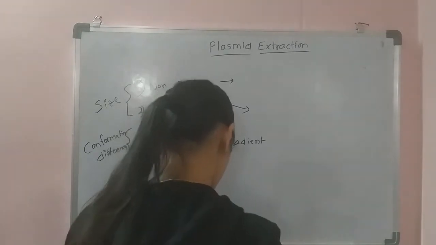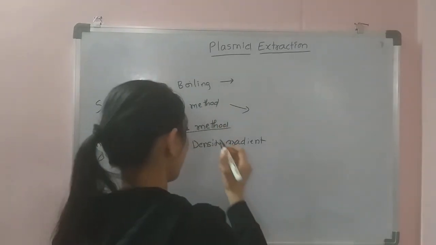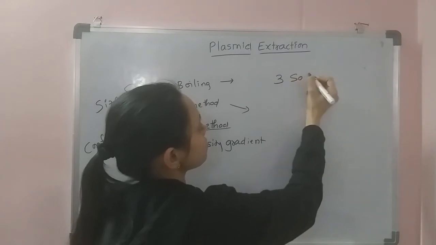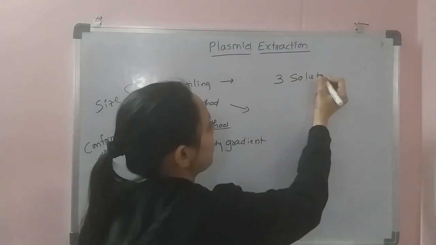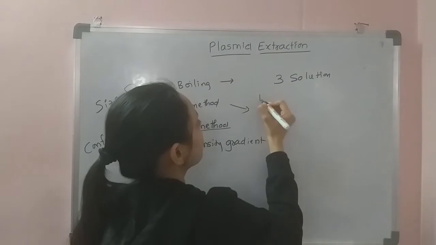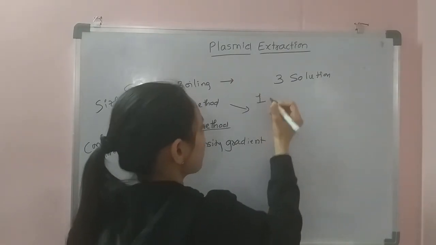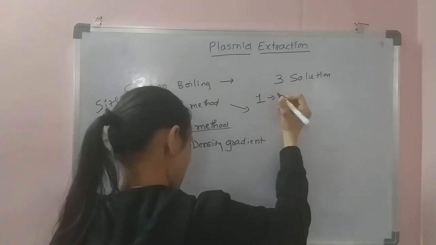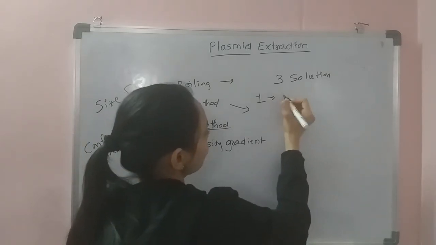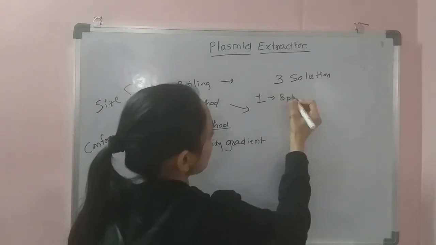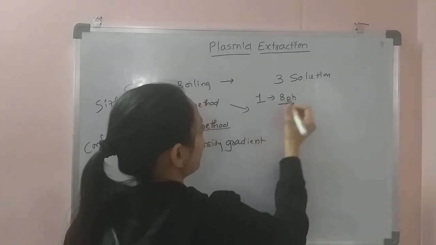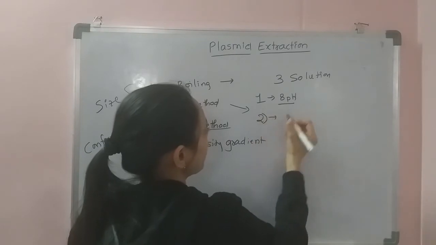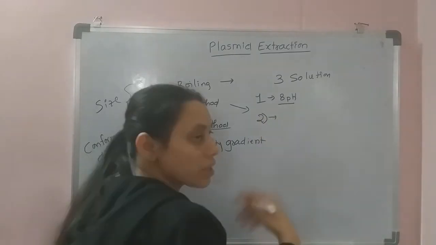In this alkaline method we are going to use 3 solutions. Solution 1 contains neutral pH, that means a pH around 8, and solution 2 will have an increased pH.